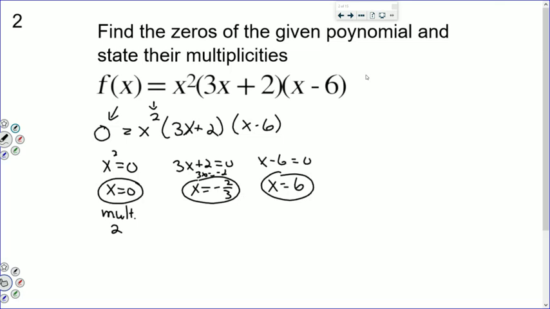Since this guy only is to the first power, because we don't see anything, this guy has a multiplicity of 1. And then this last guy, same thing, has a multiplicity of 1. If it was to the 4th or 5th power, it'd have a multiplicity of 4 or 5, but it doesn't, so multiplicity of 1 it is. Okay? We're looking for the number of times that particular 0 shows up in our problem.